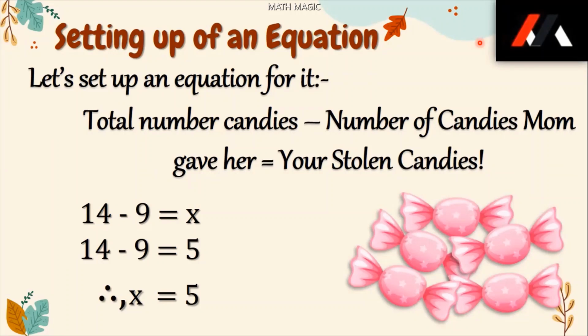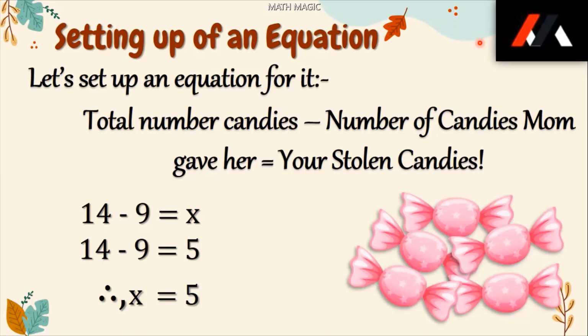How come she got 14 candies when mom only gave her 9? So we find the difference of the total number of candies and the number of candies which were actually hers, which mom gave her.